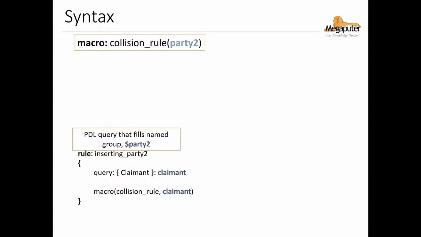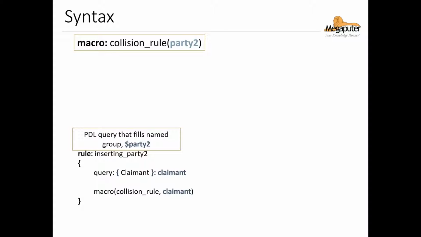And so I'll look up the word claimant. If you already have a named group, you can just directly call that named group. This step right here doesn't really take much processing, so you don't have to worry about it. And then to call the macro, I'll just say macro, function macro, provide the name. We had called it collision rule. And then you provide the actual argument that you want it to use.